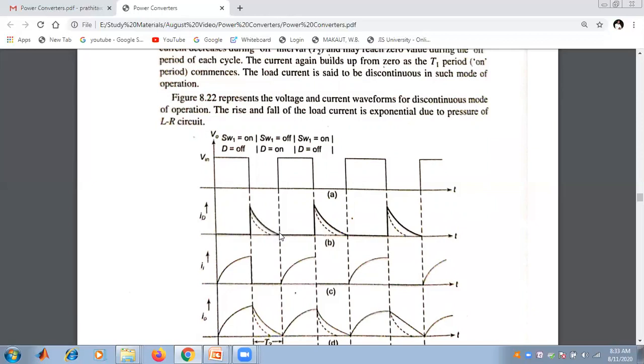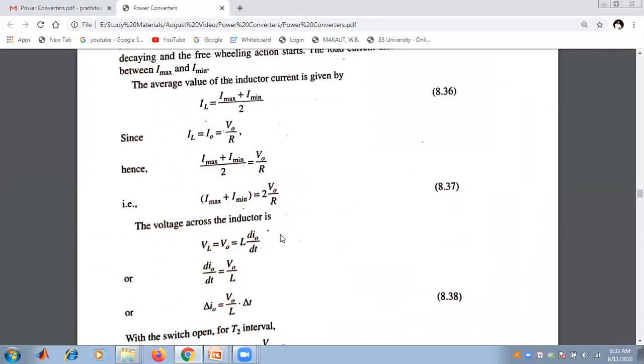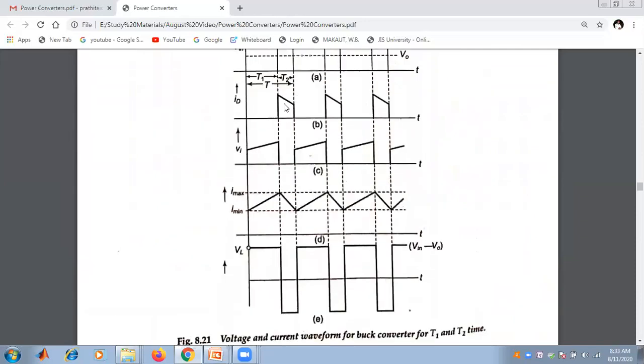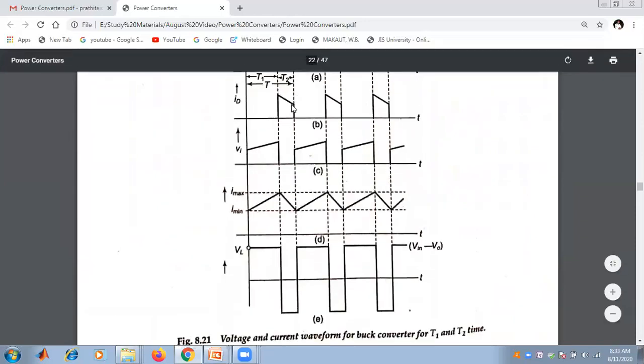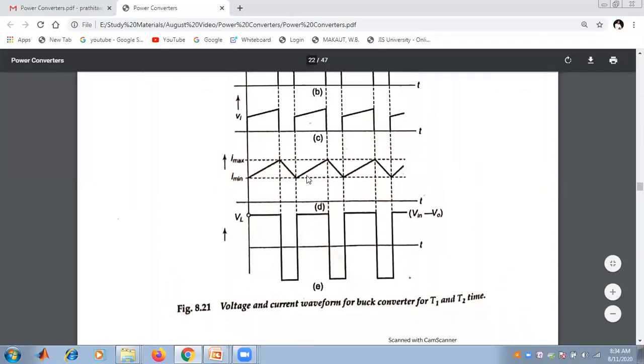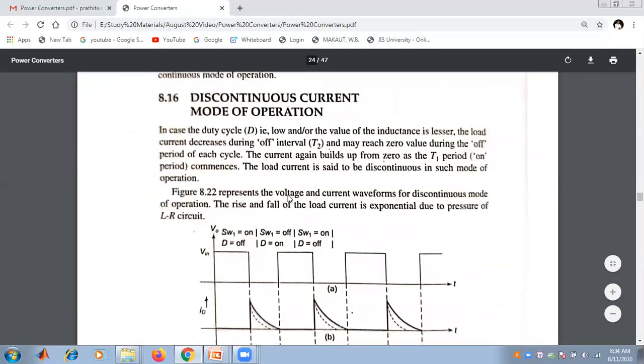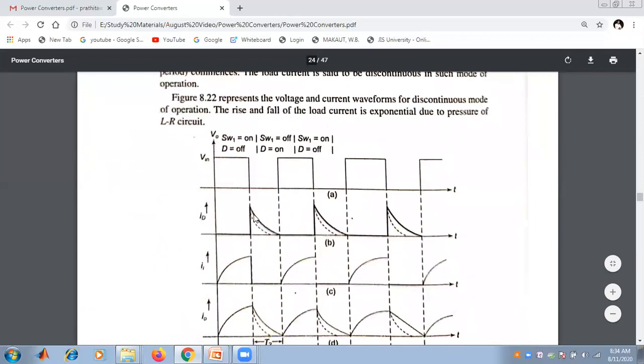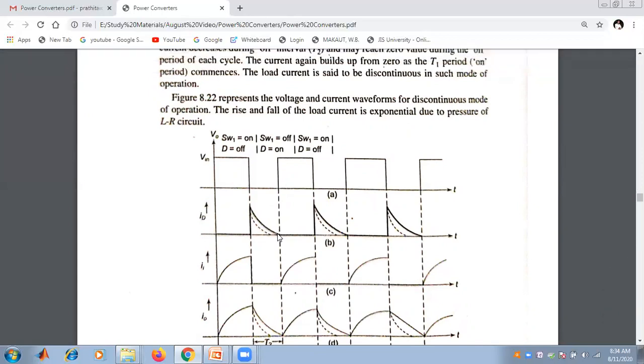In our previous case, the diode current, that is the current through the inductor, decays but does not go to the zero value. But in this case, if the inductance value is less, the current decays and goes to the zero value.